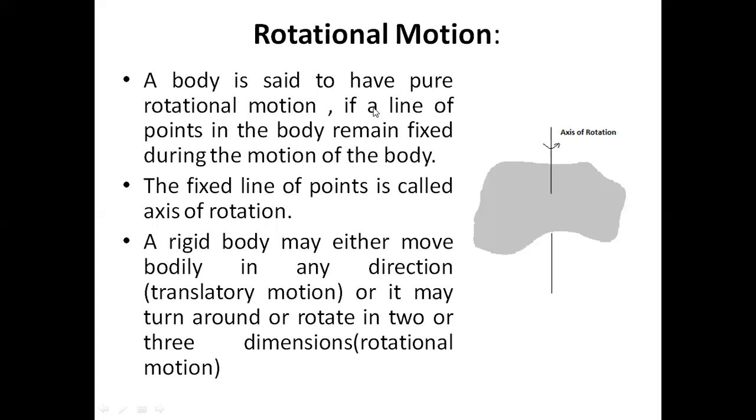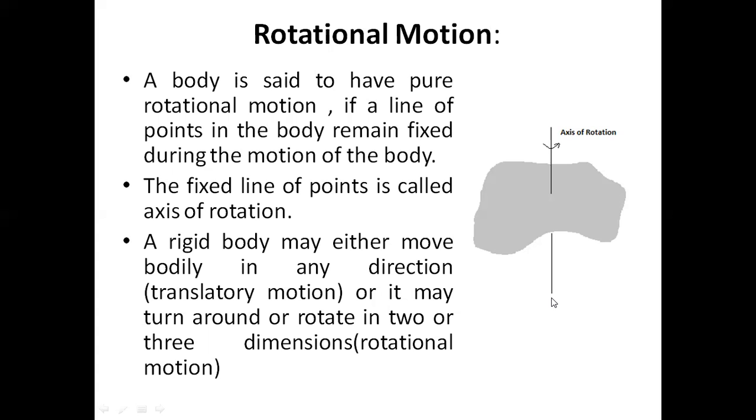Then what is a rotational motion? A body is said to have a rotational motion if a certain line of points remains fixed during the motion of the body. A pure rotational motion is one in which a line of points remains fixed during the rotation of the body, and that line of points which remains fixed is called the axis of rotation.